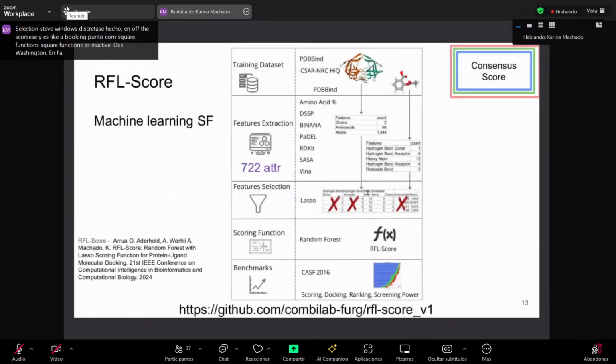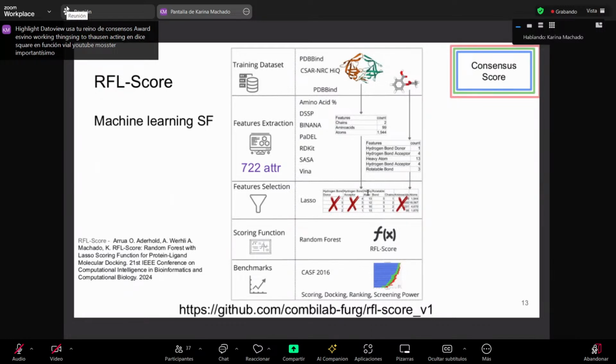And finally, I would like just to highlight that we used during all the consensus our in-house RFL score. This is a machine learning based scoring function that we have been working on since 2018. And for this scoring function, we are using the random forest algorithm to train the model, and to select the most important features, the lasso algorithm.